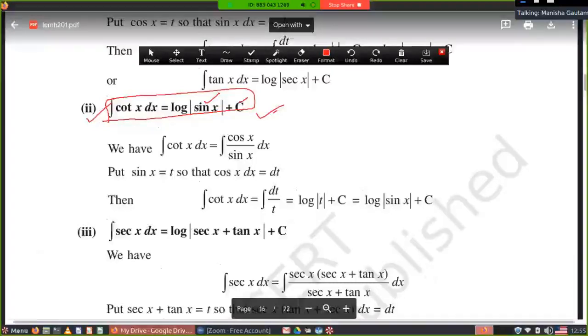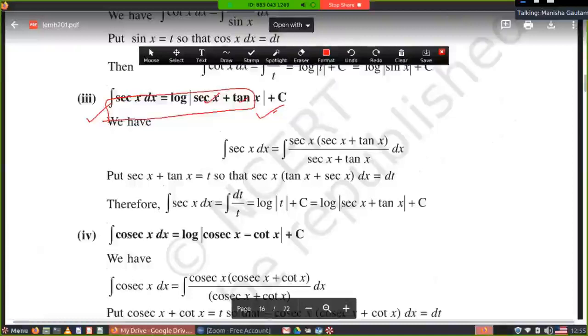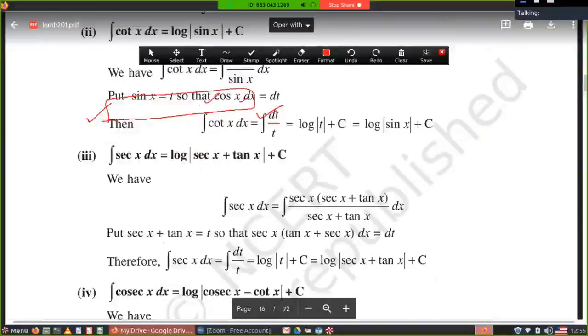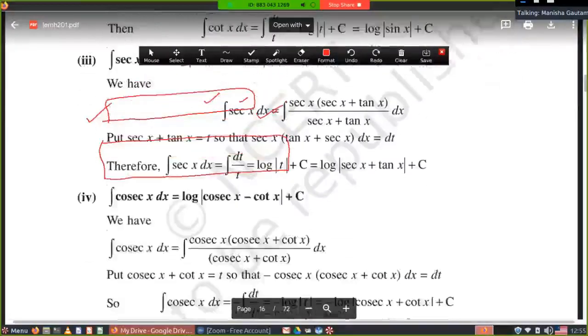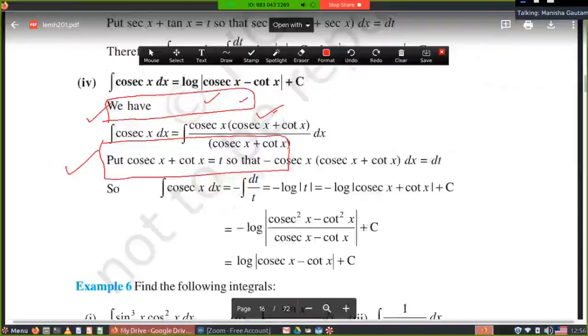Learn these formulae. Third, integration of secant x is log secant x plus tangent x plus constant. Fourth is integration of cosecant x is equal to log cosecant x minus cot x plus constant. These are new formulae.